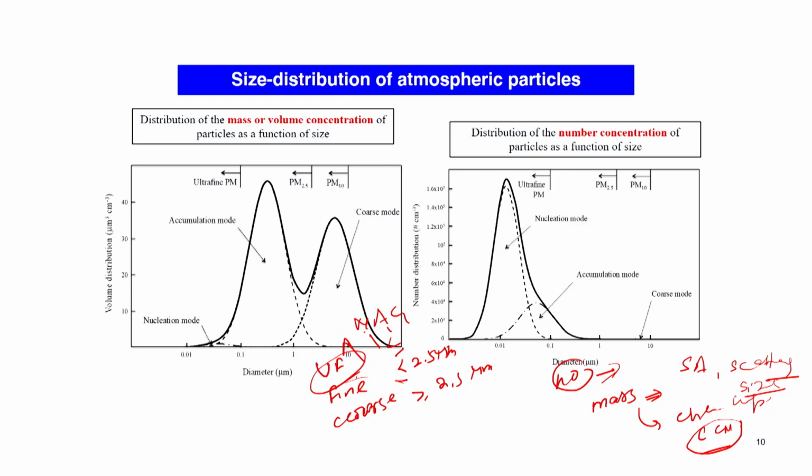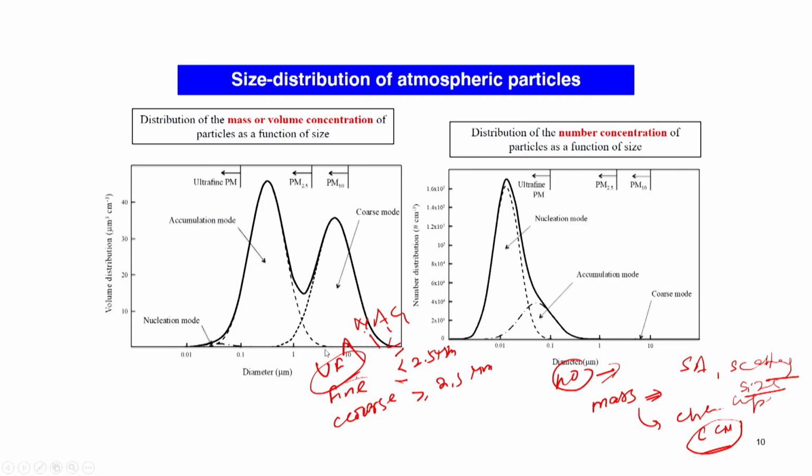If you compare the size distributions of number and mass, they are very different, isn't it? You can see very clearly a bimodal distribution in the case of mass or volume size distribution. Where it peaks, for PM 2.5 the first peak is somewhere around 500 nanometer or so, and if you extend it, it goes up to about 2.5 micrometer.